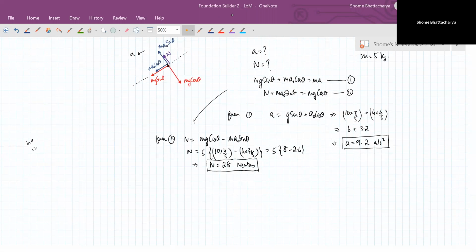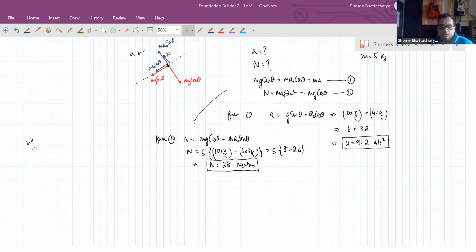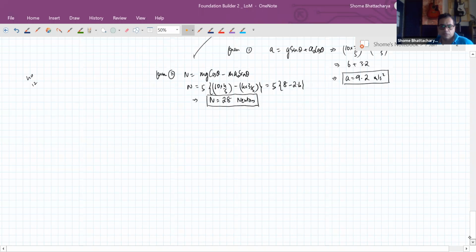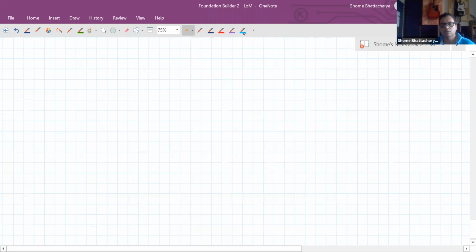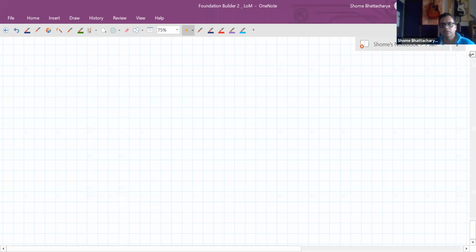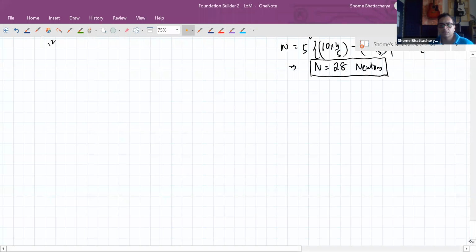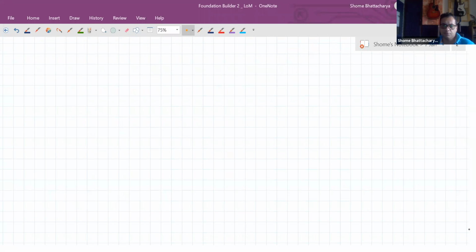Okay, so hope this question is fully clear. So these are some of the key types of applications of the concept of pseudo force. Now, next we'll see another interesting question related to this type of concept. And gradually we'll build up our variety of questions and you'll develop the experience required to be able to solve these types of questions. So from here on, it is just a matter of practice.